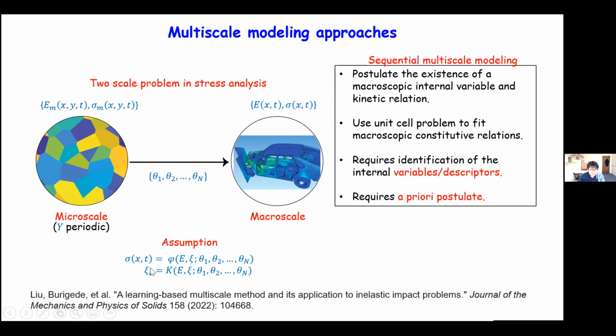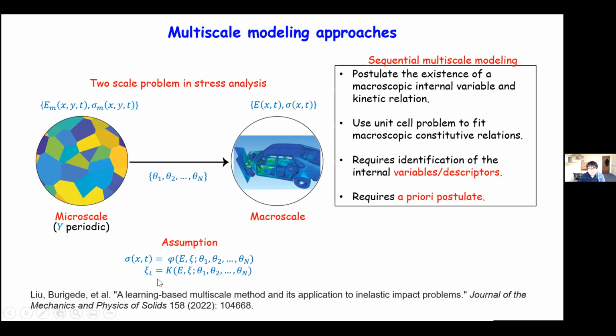And of course, we would need to also specify the evolution, how these state variables would evolve. And this, of course, requires, first of all, the identification of internal state variables. And it requires an a priori postulate of the evolution of these state variables, right? So here, for example, in most, if not all, of these homogenization procedures, we will assume that there exists some first order evolution dynamics for the state variables c(t).